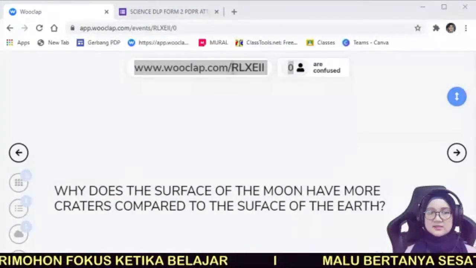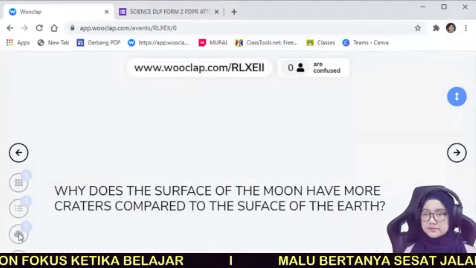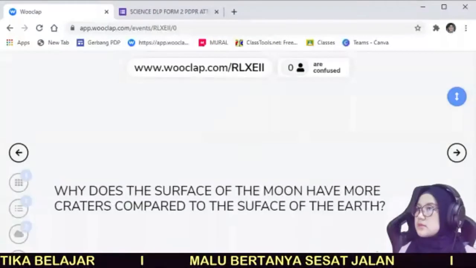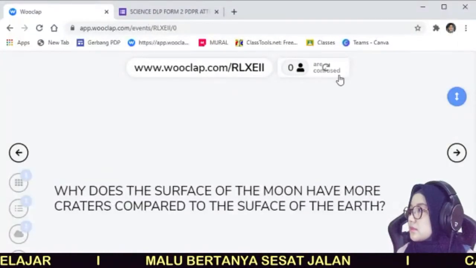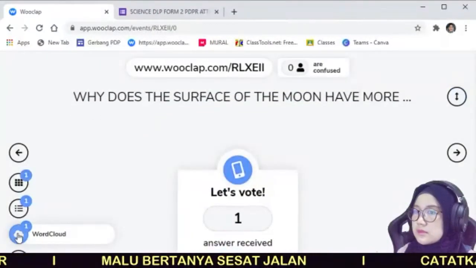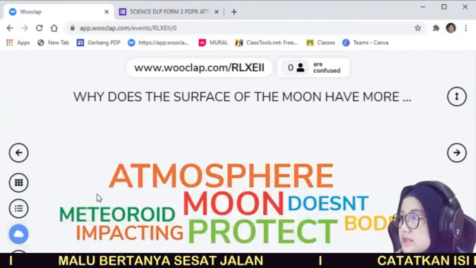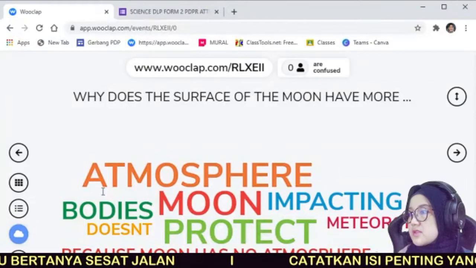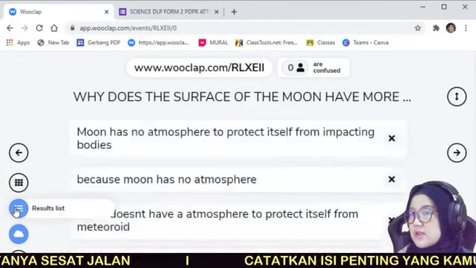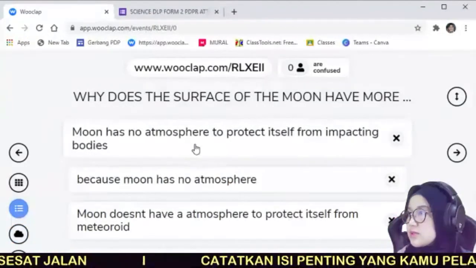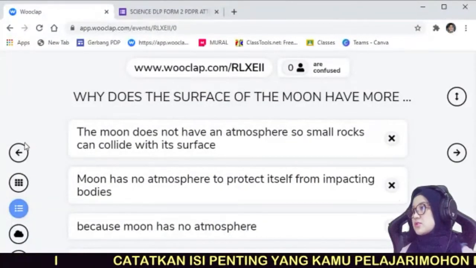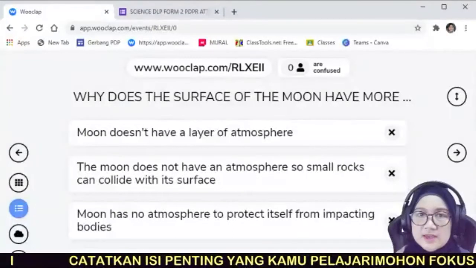Okay, let's see the answer. The word cloud shows atmosphere, moon, impacting, meteorite, because the moon has no atmosphere. The moon has no atmosphere to protect it. The moon does not have an atmosphere, so small rocks can collide with the surface.